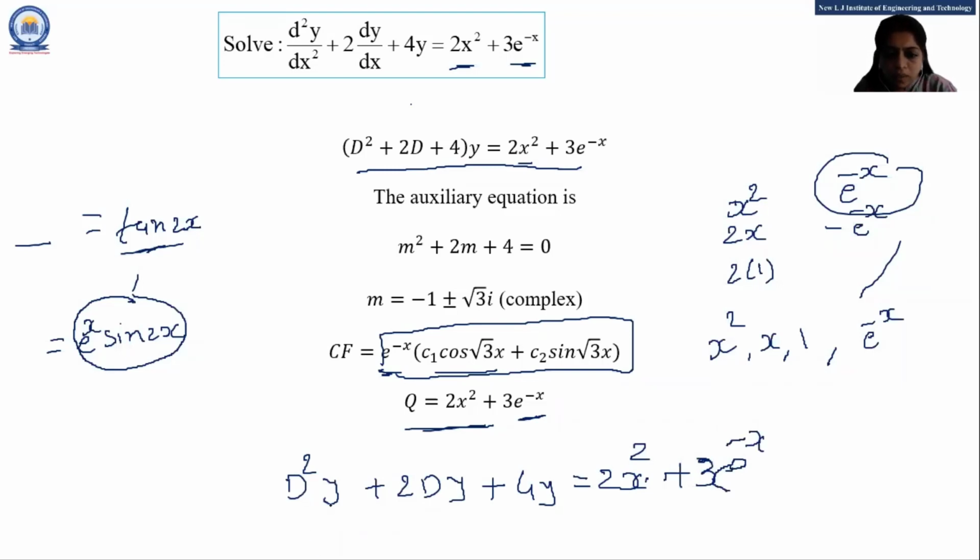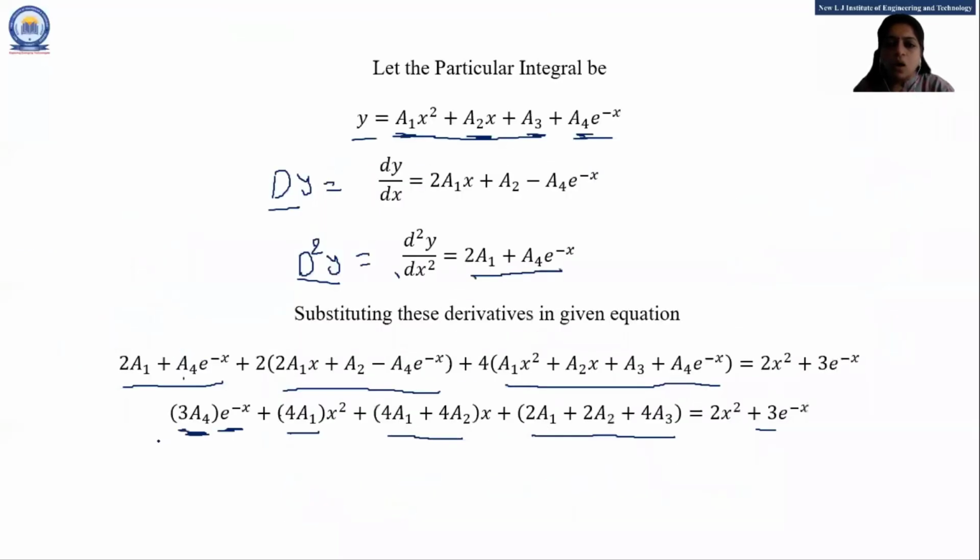Okay. So d square y, I put the value of d square y first, plus 2 into dy plus 4y, right? From this. Okay. So we'll put all the values d square y, dy, and y in this equation. This one is d square y plus 2 into dy plus 4 into y.